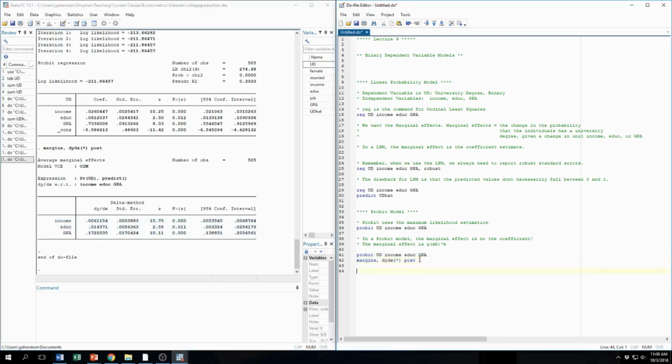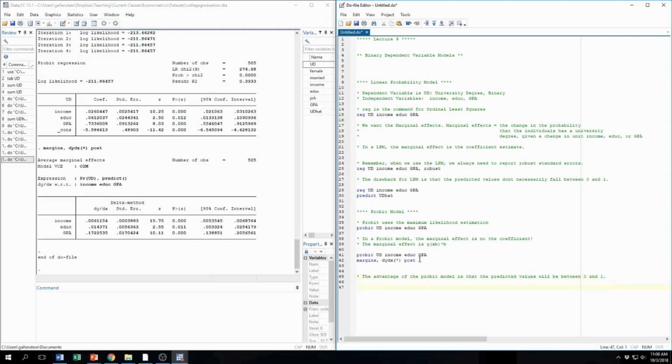Okay, now let's look at the predicted value. Now I mentioned before that the advantage of the Probit model is that the predicted values will be between 0 and 1.